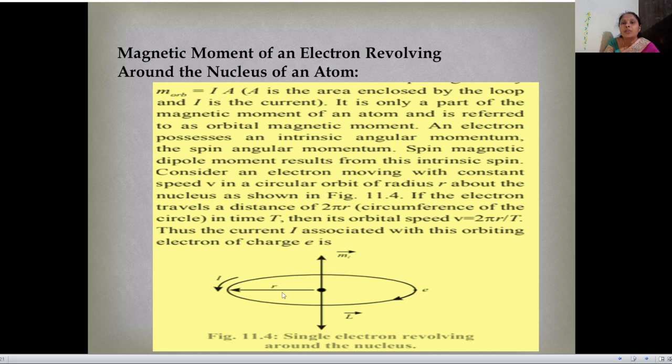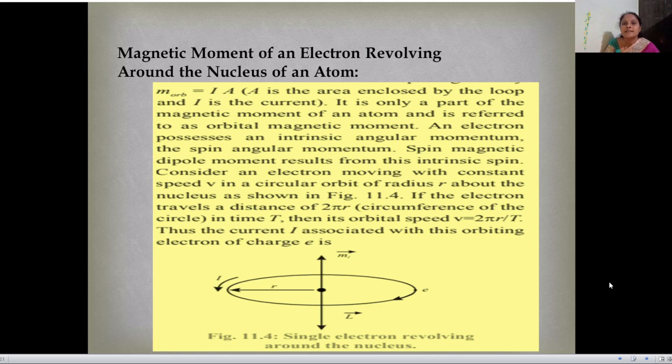Magnetic moment of an electron revolving around the nucleus of an atom: m orbit equals IA, where A is the area enclosed by the loop and I is the current. It is only a part of the magnetic moment of an atom and is referred to as the orbital magnetic moment.